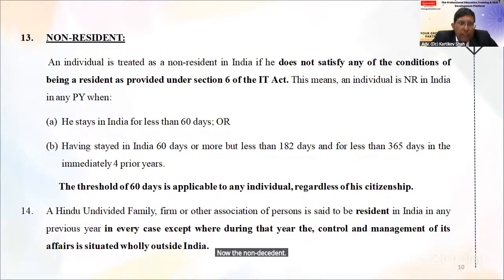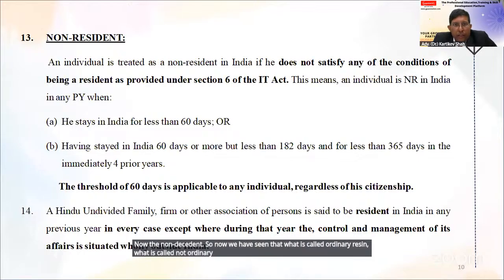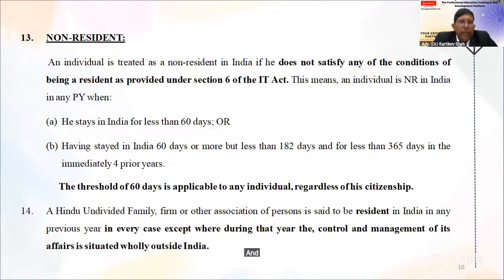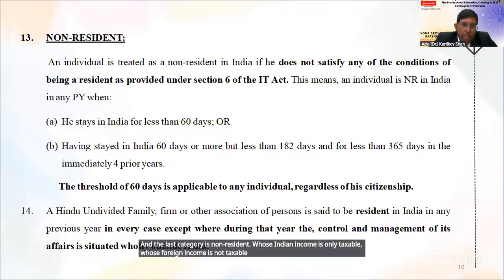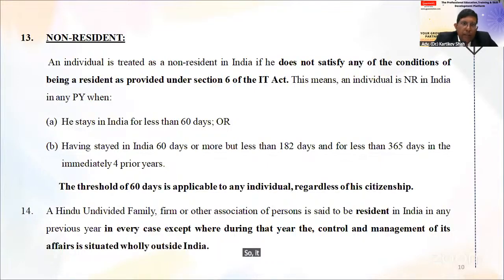We have seen what is called ordinary resident and not ordinary resident. The last category is non-resident, whose Indian income only is taxable and whose foreign income is not taxable in India. So it is implied that if he stays less than 60 days, or less than 365 days in the last 4 years, then he will be termed as non-resident.